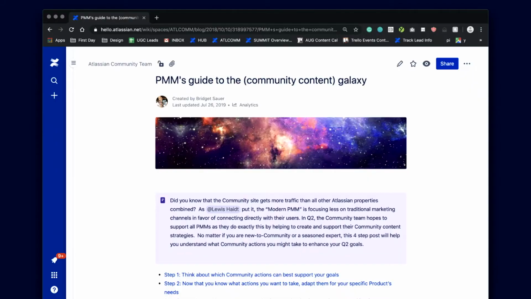So once you've built your relationships and have established a communication flow, you gotta hit them over the head with helpfulness in a gentle way. Community is my #1 job, but I know for sure it's a PMM's 20th or 50th job. And so I know they have a lot going on in their mind, and it's really hard to hold all of this community information just out of memory.